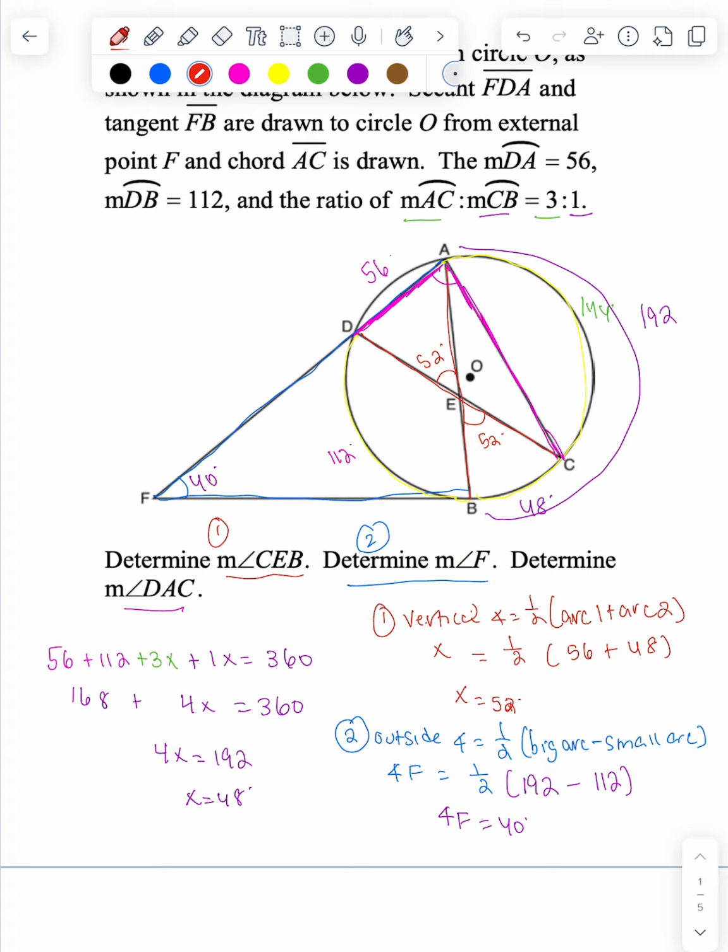So I just need arc DC and then to take half of that. So arc DC would be 112 plus 48, which is 160. And then if I take half of 160, because inscribed angles are half of their intercepted arcs, I get 80. So that would be 80 degrees. That one didn't require that much work, now that we did the other ones.